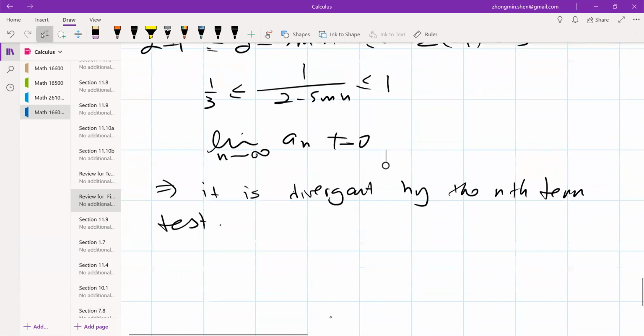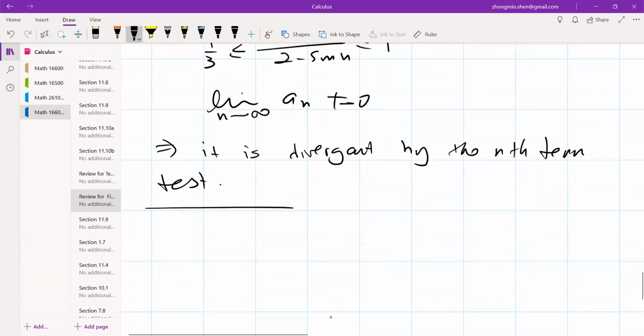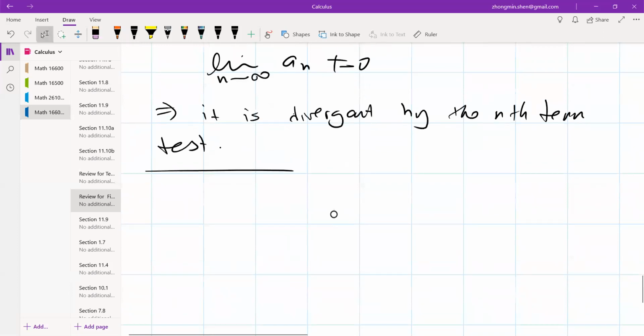Okay, so I'm looking at this student's solution. First of all, he created the name of a test called a direct compression test. I never heard about that. I don't know where it's from. It's hard to give a quiz grade here.